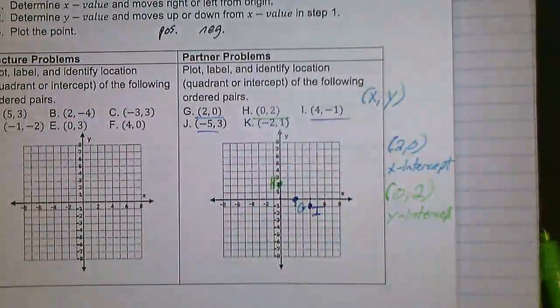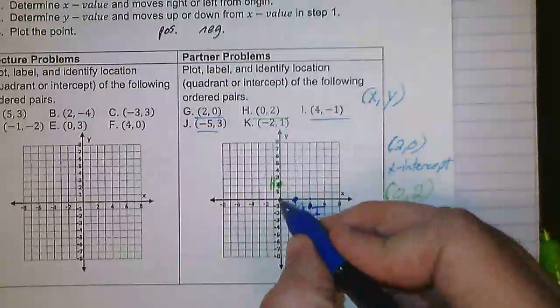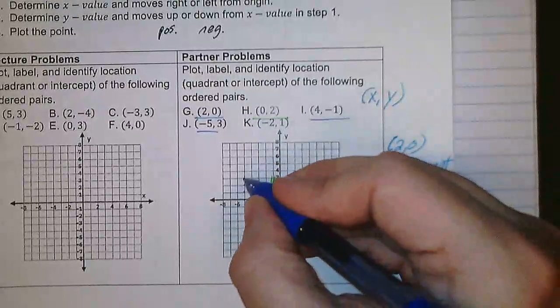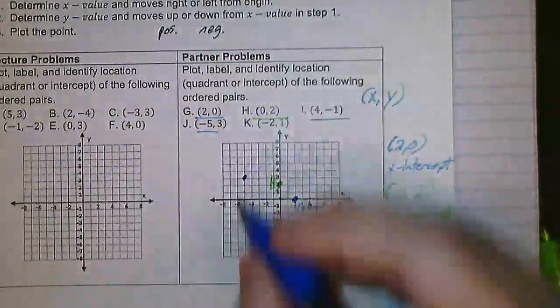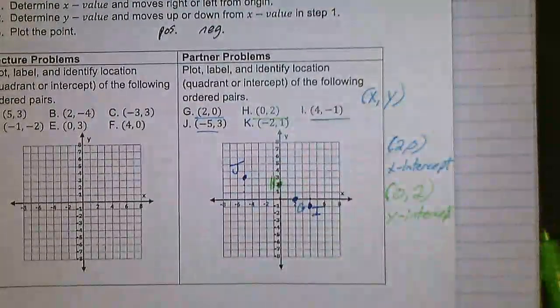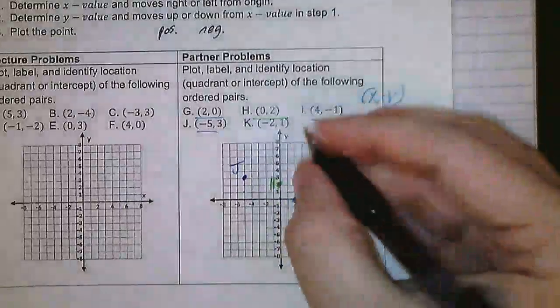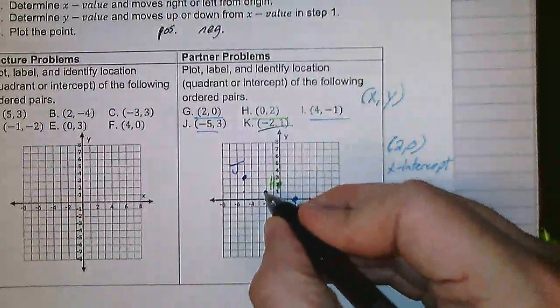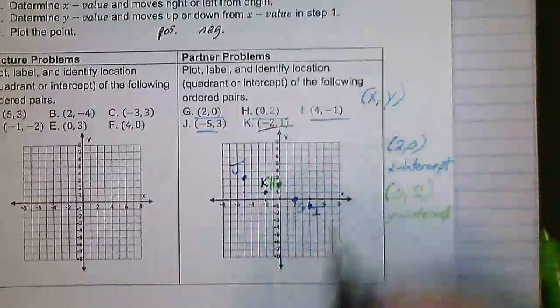We'll do point J at (-5, 3). So from the origin, I move to the left 5 and then up 3 units. And that is point J. And finally, point K at (-2, 1). Move to the left 2 and up 1 for point K.